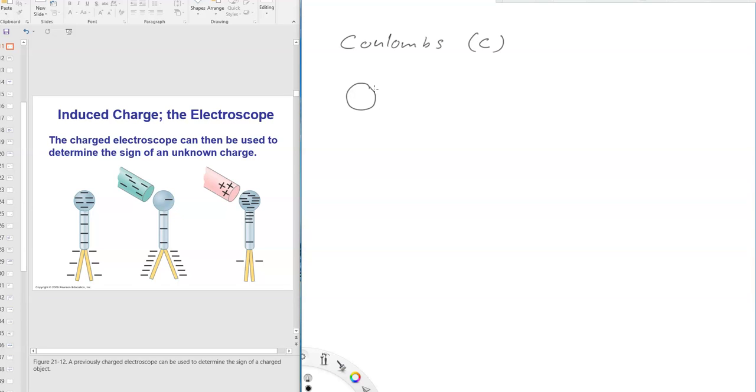The positive and negative charges cancel each other out, so the net charge is 0. But let's say we remove some electrons from this. We're taking negatives out, so the sphere is going to be net positive. So this is how we create a charged object.